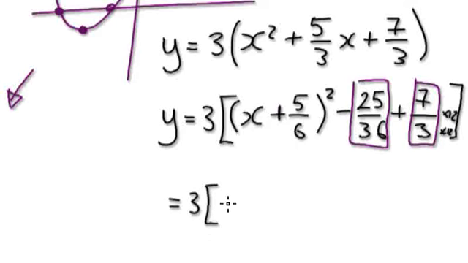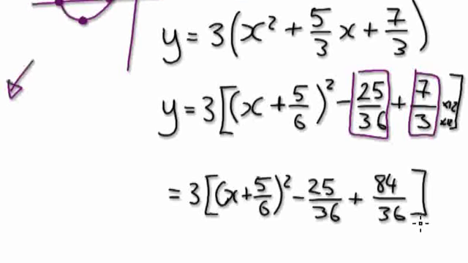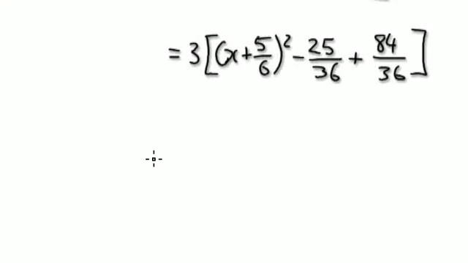So it will be 3 bracket x plus 5 over 6 squared, and then minus 25 over 36 plus 84 over 36. Now the two denominators are the same, we can merge. So look at this here: minus 25 plus 84.